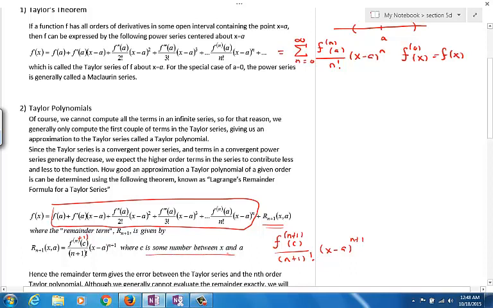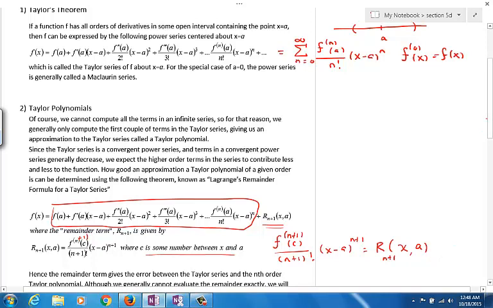And this is the remainder. Some people write it like this: it's the remainder for the n plus 1 terms at x, where a is the center.